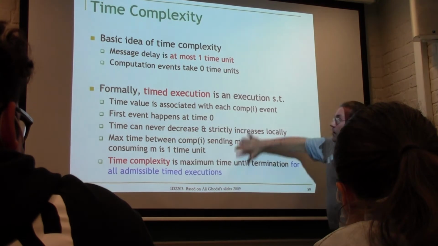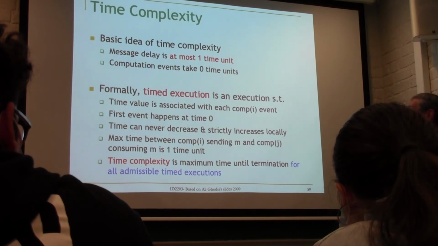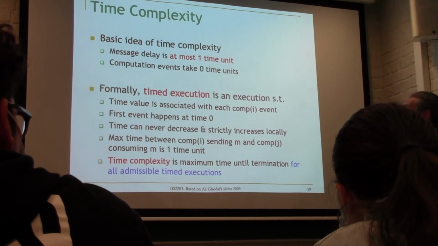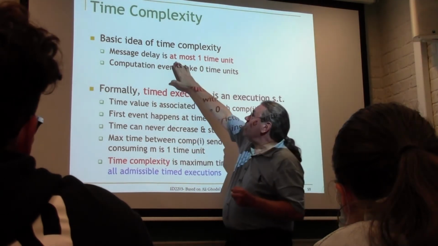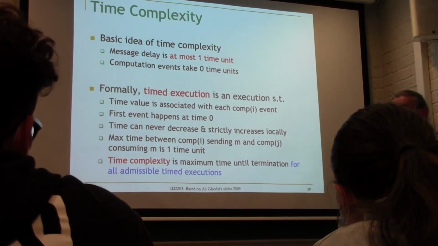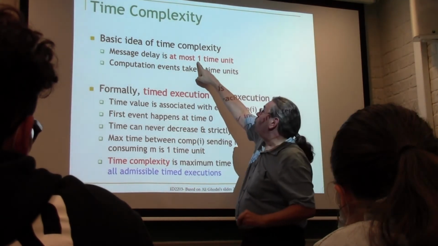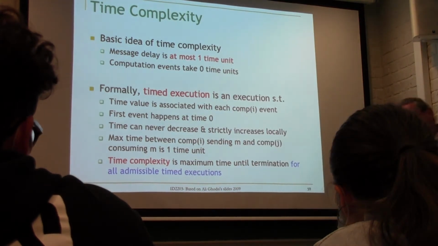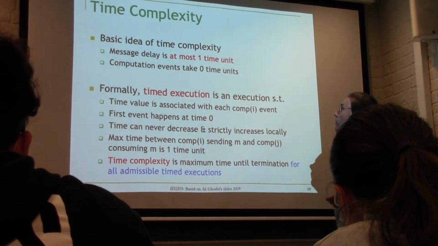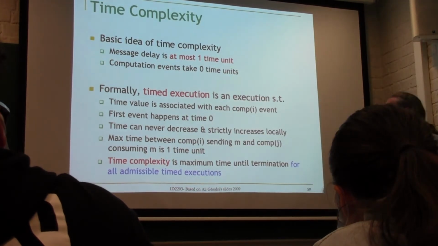This is kind of a funny definition, but it's realistic, because usually the comp events are negligible compared to the messages. So we're assuming the message delay is at most 1 time unit. Sometimes messages will be slow, but we're counting the message delays. So a message can be 1 unit, even if it is very slow, and the computation events are 0. The messages are at most 1 time unit. So a message could be 0 or 1.